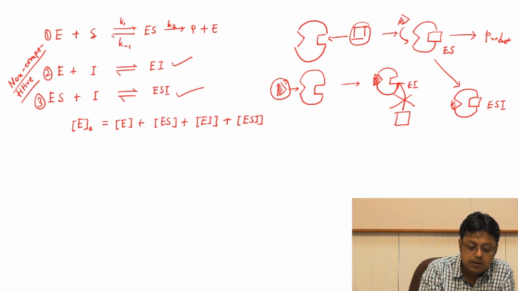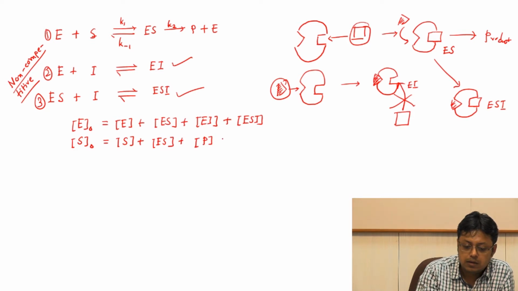And similarly your S0 will be free substrate at any time plus some enzyme substrate complex. Some of the substrate has been converted to product, plus you'll have also the ESI complex.